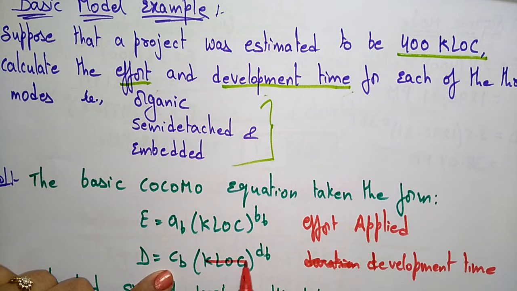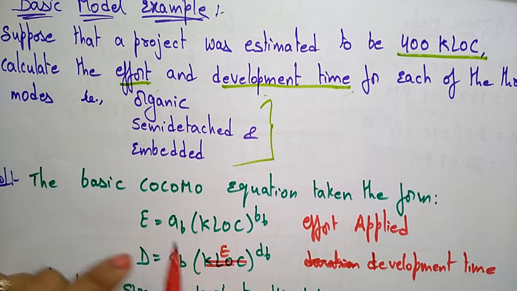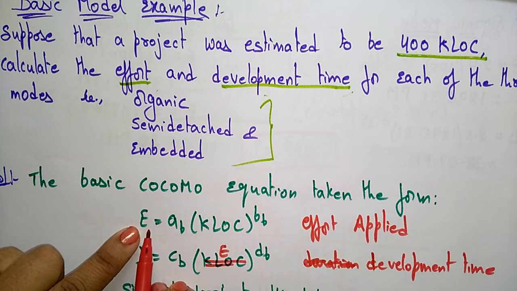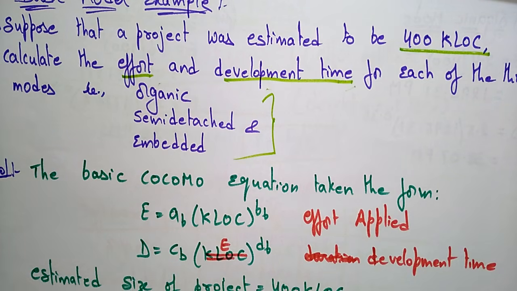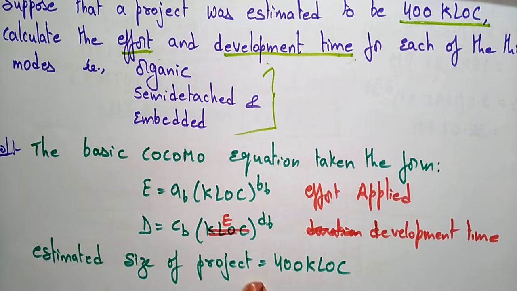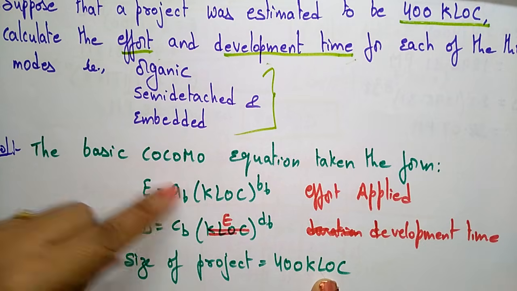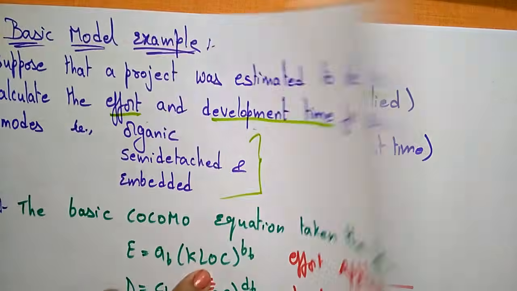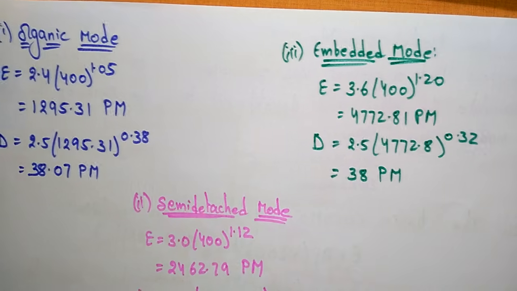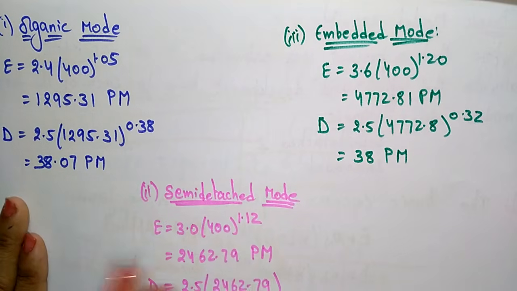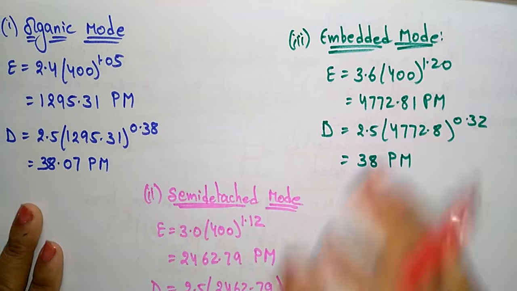Sorry, the formula is for E. First, if you find the effort applied, then by putting the effort here we can calculate the development time. So this is the formula, and the estimated size of the project that is given is 400 KLOC. Now calculate the effort and the development time in the case of organic, semi-detached and embedded.